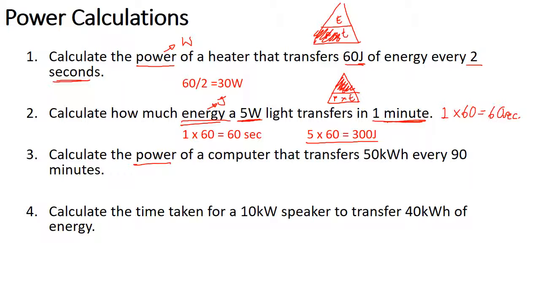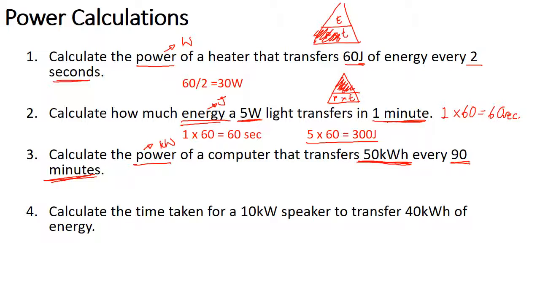Now for my next one: calculate the power of a computer that transfers 50 kilowatt hours every 90 minutes. If I'm working in kilowatt hours for energy, I must be working in units of kilowatts for power, and I've got to be working in time units of hours, but at the moment I've got it in minutes. So let's think about what 90 minutes is in hours. There's 60 minutes in an hour, so 60 minutes would be 1 hour, but I've got 90 minutes, so I've got another extra 30 minutes.